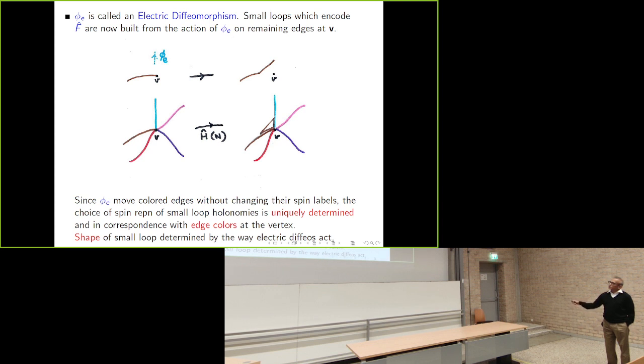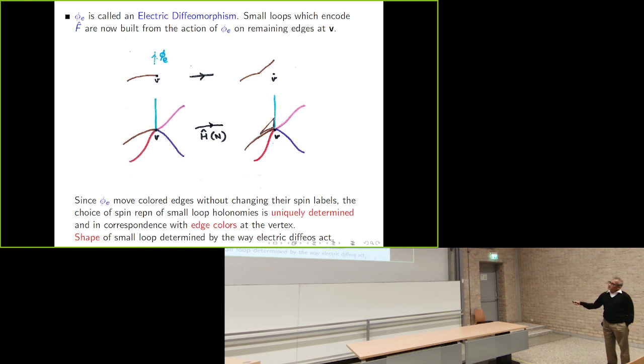What this does is that it pulls this edge up in a diffeo-like manner and creates this edge. And if you look at what the corresponding loop is, then it has exactly this segment over here, and then you go along the original brown edge, and you close it going along this blue edge over here. And because it's a diffeomorphism-like transformation, it doesn't change the labeling of the brown edge, so the loop is in the brown representation.